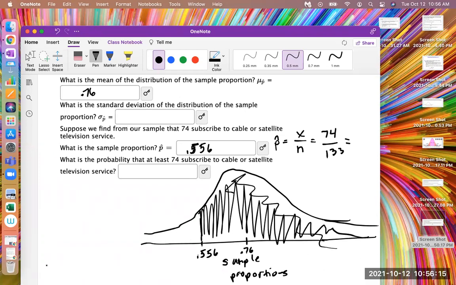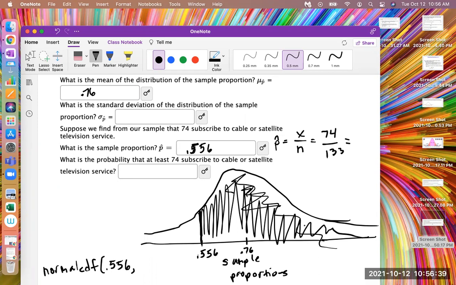If we were using our TI-84 calculator, our lower bound would be where the shading begins, reading it left to right. Where does the shading start? It starts at 0.556. And where does the shading stop?